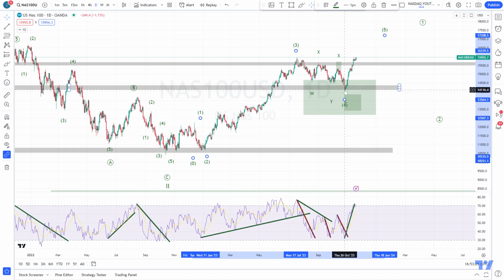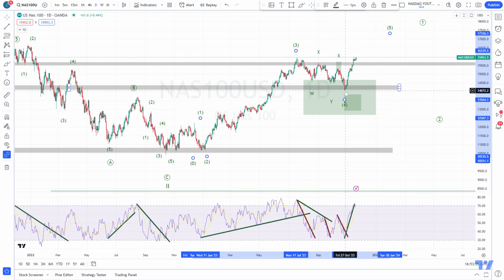Now assume that we soon have a complete structure, then we should simply know that it can be the fifth wave. So if we have a complete structure, what should happen is we have a pullback, and then this pullback can be a wave 2 down, if we have a larger fifth wave, as a wave 1, 2, 3, 4, 5.